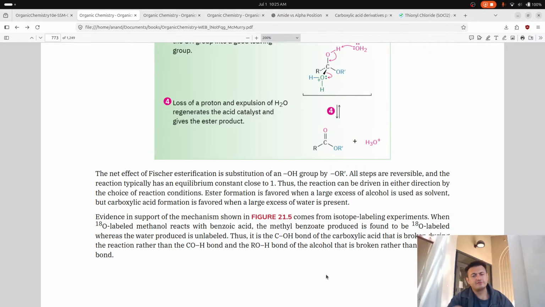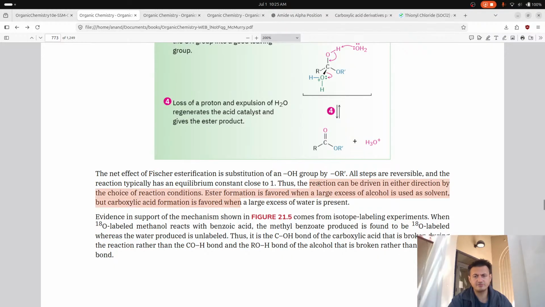The net effect of Fischer esterification is substitution of a hydroxy group by an alkoxy group. All steps are reversible, and the reaction typically has an equilibrium constant close to 1. Thus, the reaction can be driven in either direction by a choice of reaction conditions.